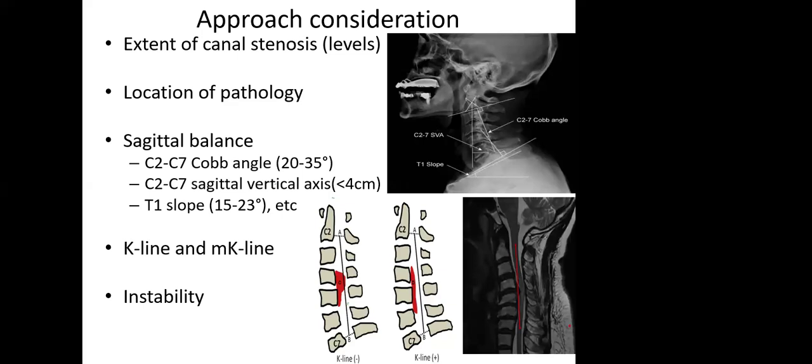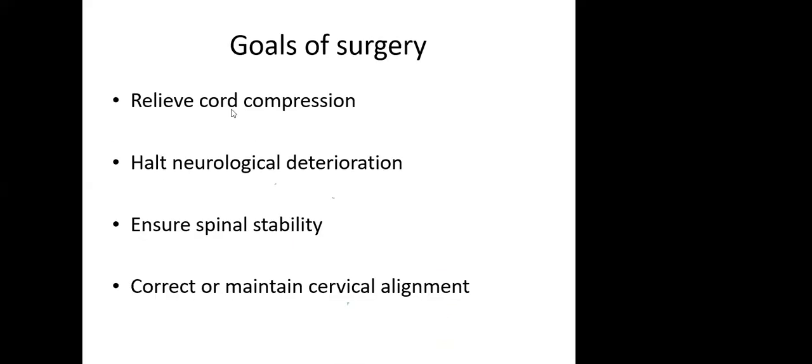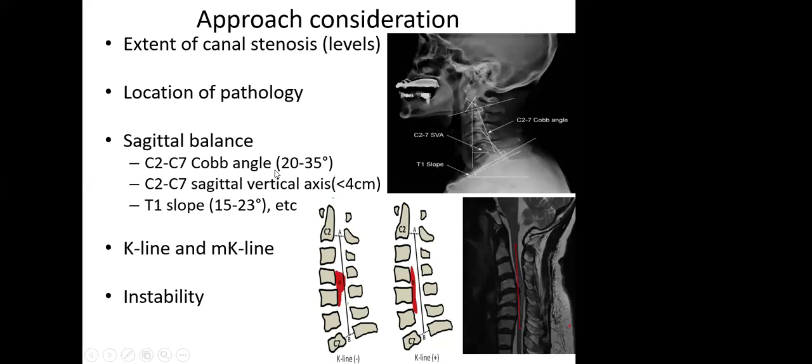The sagittal balance of the cervical spine must be considered. This is ascertained from a plain radiograph as shown. The first is the C2-C7 curve angle, which is derived by drawing a line that runs through the lower end plate of C2 and C7, and then drawing other lines that run perpendicular from the initial lines.